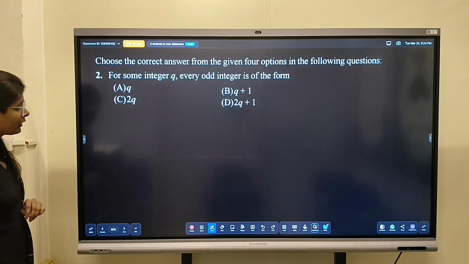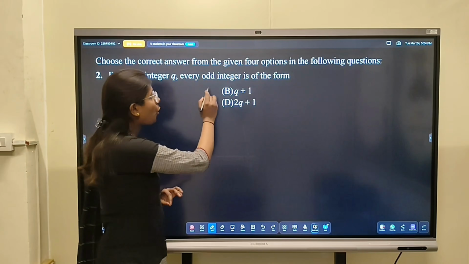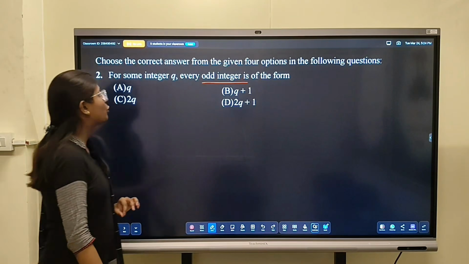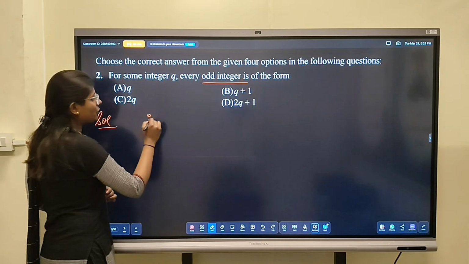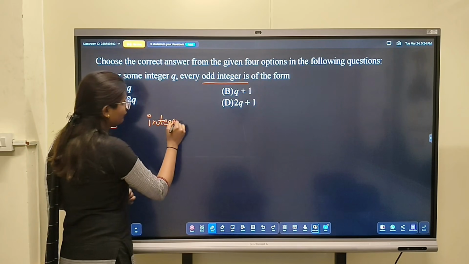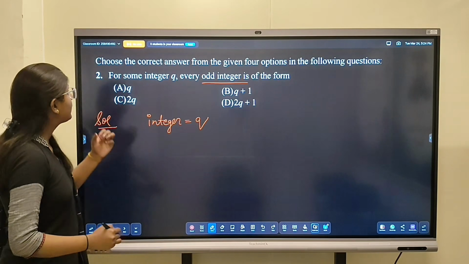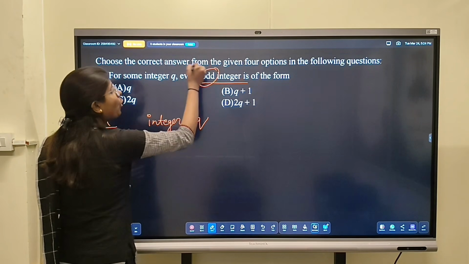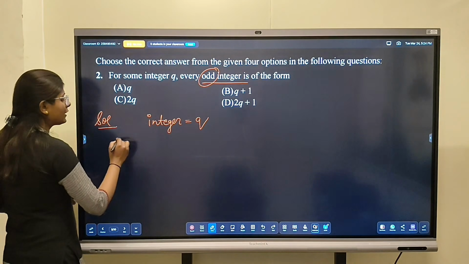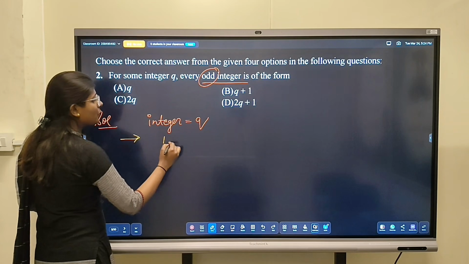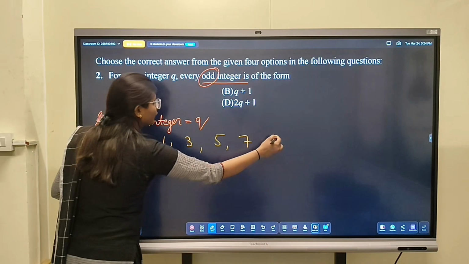Moving further, the next question: for some integer q, every odd integer is in the form of what? Now, this time our integer is q, right? If our integer is q, then we are referring to odd integers. How do we represent these odd integers? See, the odd integers are generally 1, 3, 5, 7, 9.